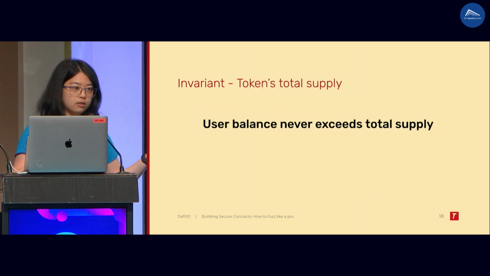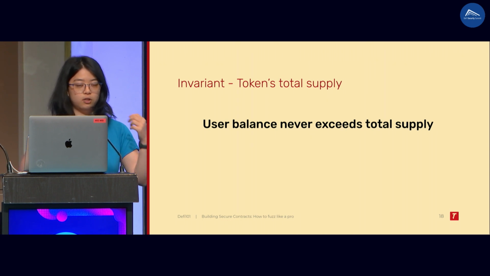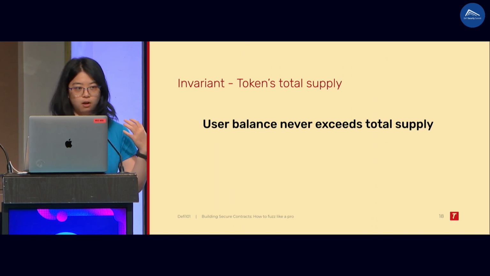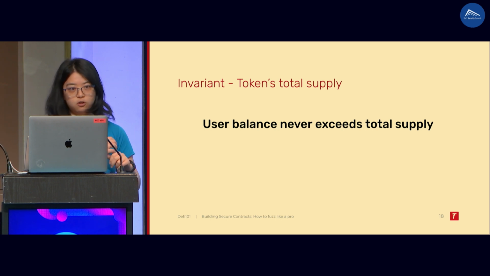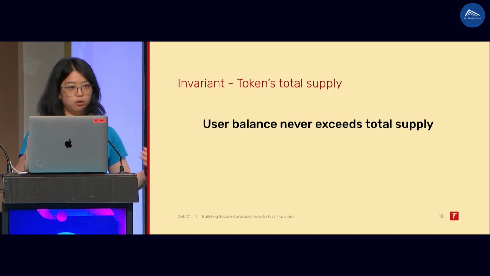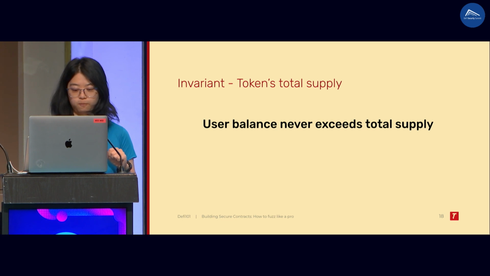The easiest example would be for the ERC20 token, that a user's balance should never exceed total supply. If this property is violated, then there's probably an error within the mint function or maybe something within arithmetic. This property tells us that if there is a violation, there is an underlying bug in our code base.